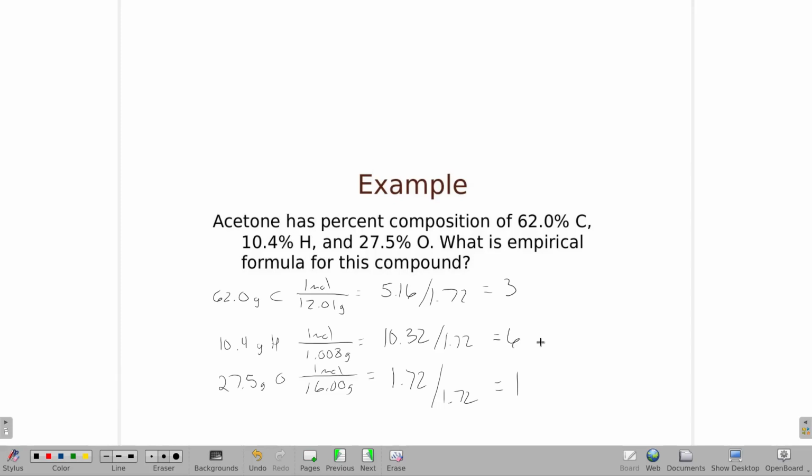So, having this information tells us that we have an empirical formula of acetone of 3 carbons to 6 hydrogens to 1 oxygen, C3H6O. Now that's not necessarily the molecular formula, it's just telling us the ratio of carbons to hydrogens and oxygens. The molecular formula is going to be a multiple of that, so it could be like C6H12O2, where we double everything, or triple them all, but the ratio is the same. It's always 3 carbons to 6 hydrogens to 1 oxygen.